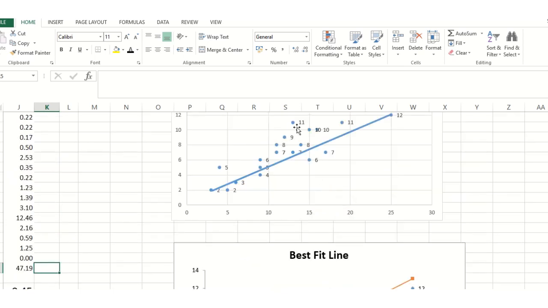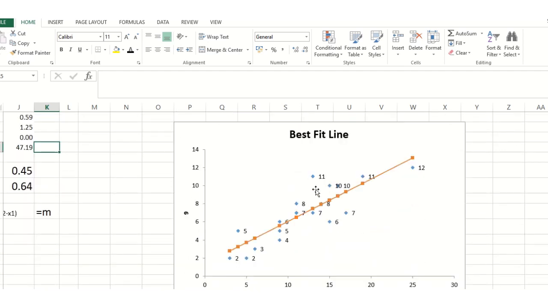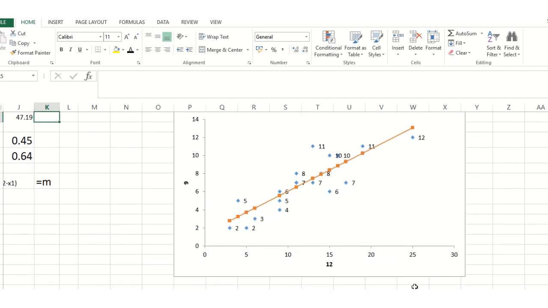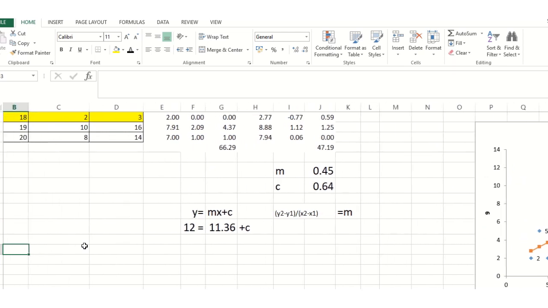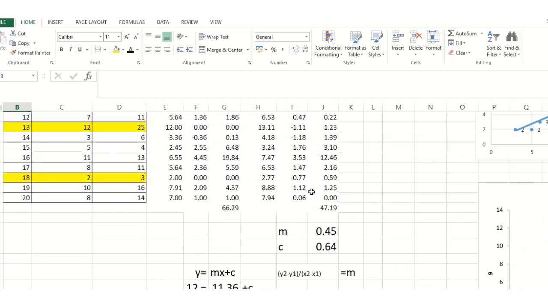That is why here the difference is large, whereas the difference is equally distributed between these two. That's why the differences are less here. This is the reason why this is called the best fit line, or line of best fit in a least square sense. So this is the difference between these two.